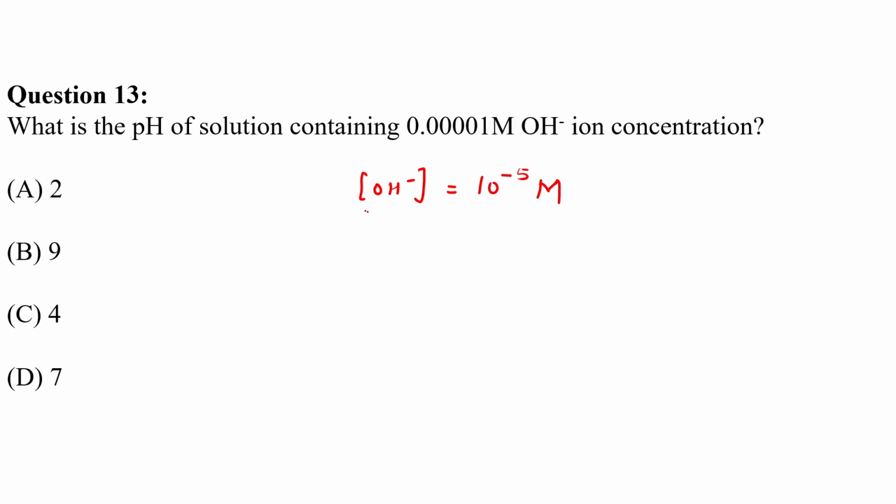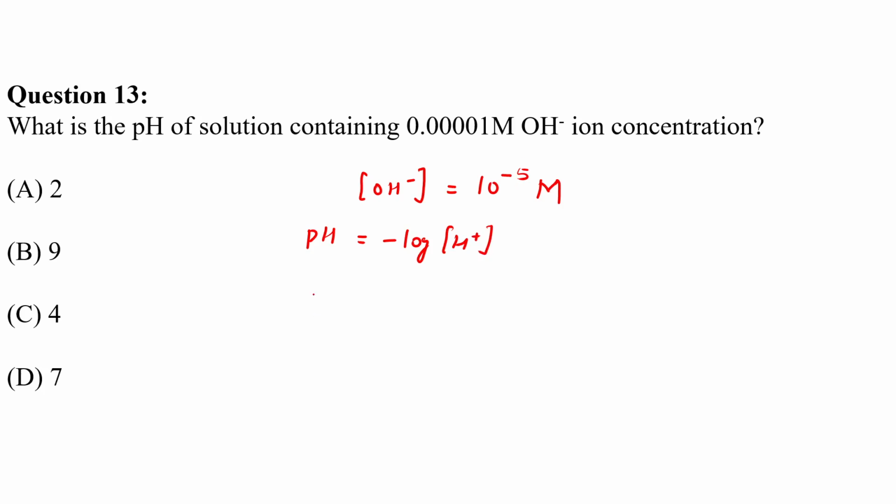So we have the OH minus ion concentration given as 10 raised to the power minus 5. We know that pH is equal to minus log of the H plus ion concentration. We don't have the H plus ion concentration, we have the OH minus ion concentration.